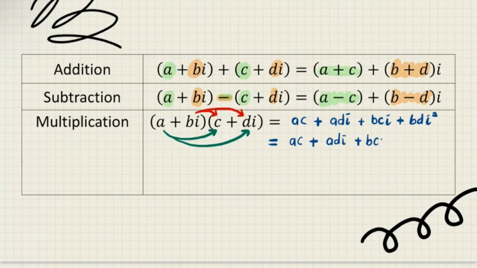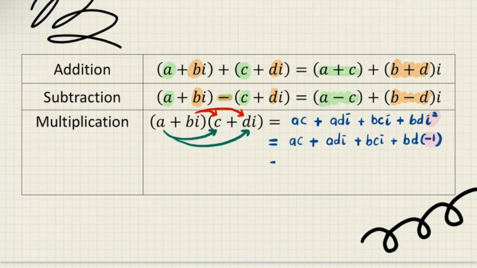plus BCI, and I'm going to change I squared in terms of into -1. Okay. So kita ada I squared is equals to -1. So that means this whole term kan the fourth term here will be negative BD lah.